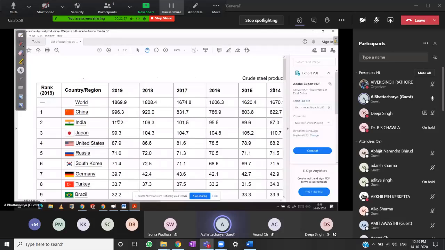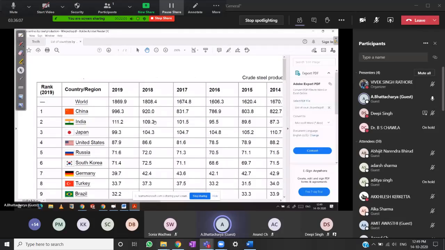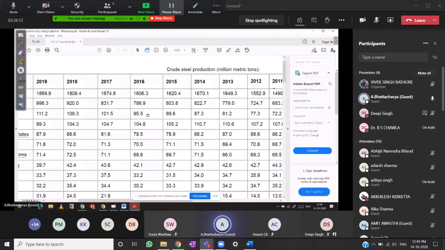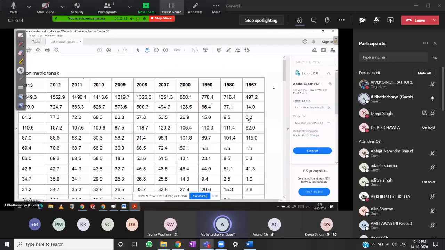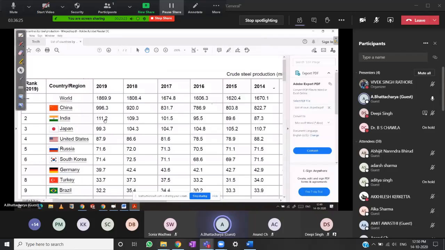Since 2018 India has become second, third, sometimes fourth, sometimes fifth. So as you can see, the tremendous growth of the steel industry in India. In 1967, it was only 6.3 million. We have reached up to 111.2 million tons. So the growth is exponential, and we expect that it will continue. Okay, so these are the ranks of the different countries. You can see.